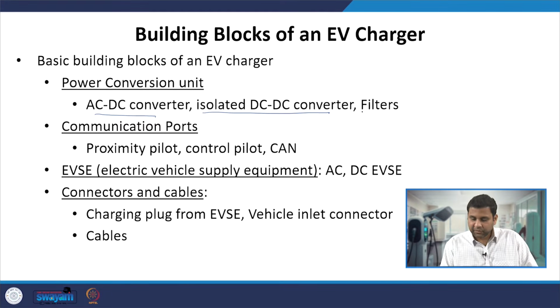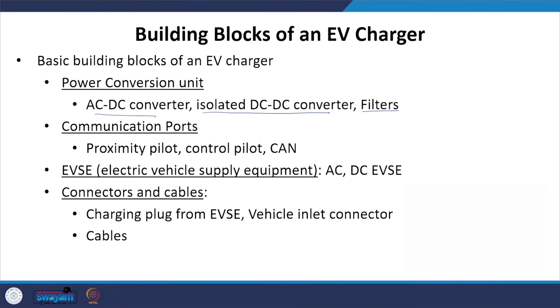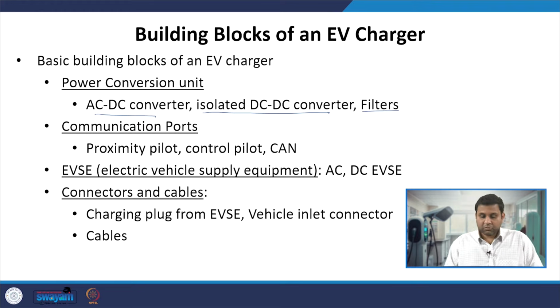And then it has different filters, because the current which goes into the battery pack has to be ripple free. All those things will be determined by the filters. At the same time, there are filters to conform to the EMI EMC requirements. So there are some filters along with this power conversion unit as well.